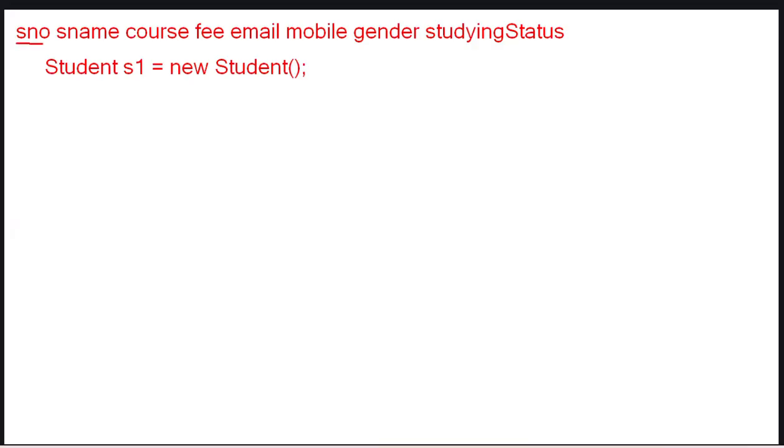Tell me, student number, passed as the first value, is available in index 0. Student name is available in 1. Course is available in 2. Fee 3. Email 4. Mobile 5. Gender 6. Studying status 7. Totally 7 values I have passed. All these 7 values must be stored inside the student object.